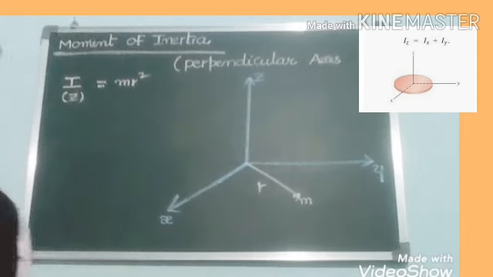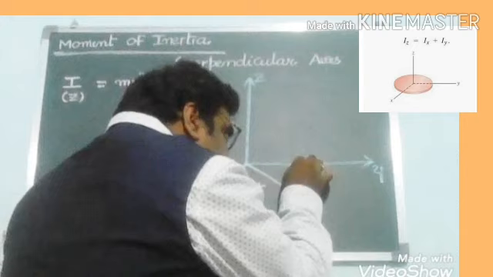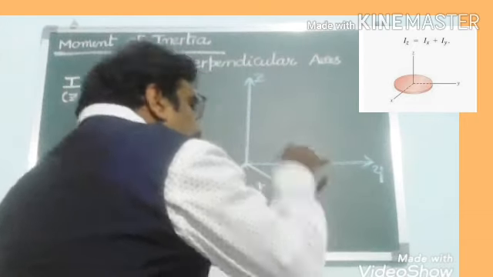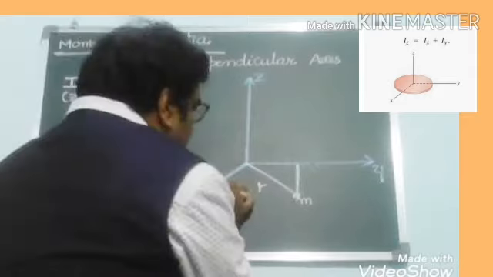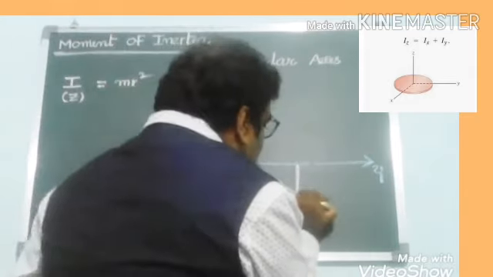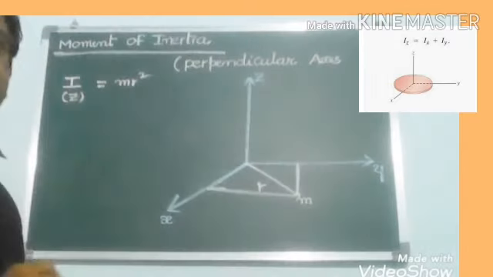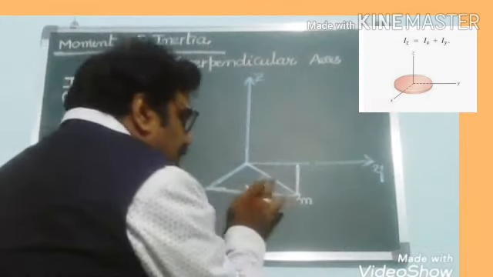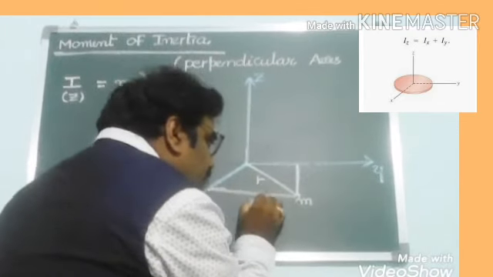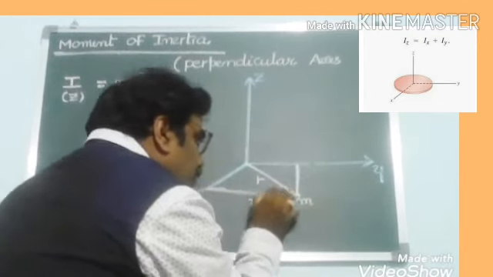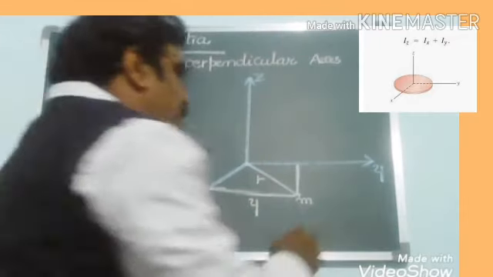Now we can draw. This is the distance towards the y axis. This is the distance towards the x axis. So this is perpendicular distance y. This is perpendicular distance x.